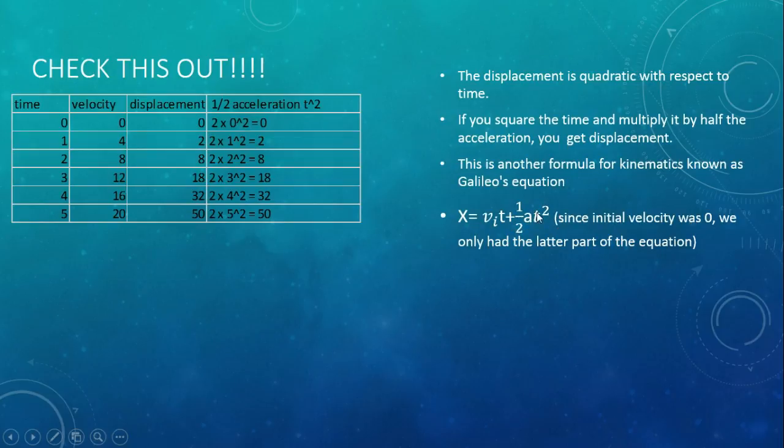And in this case, we ignored the first part because our initial velocity was 0. At time equals 0, the velocity was 0. So since we had a 0 here, we ignored the first part. That's why this part is the important part we used.